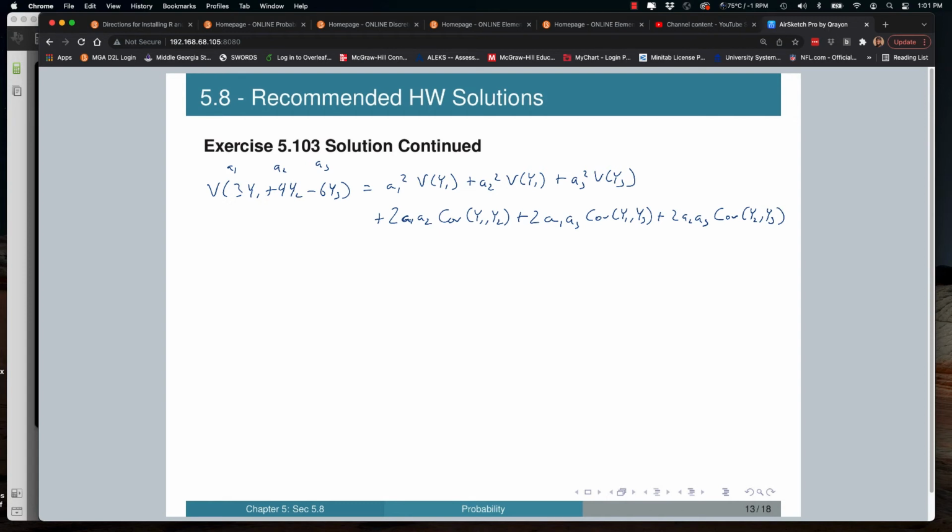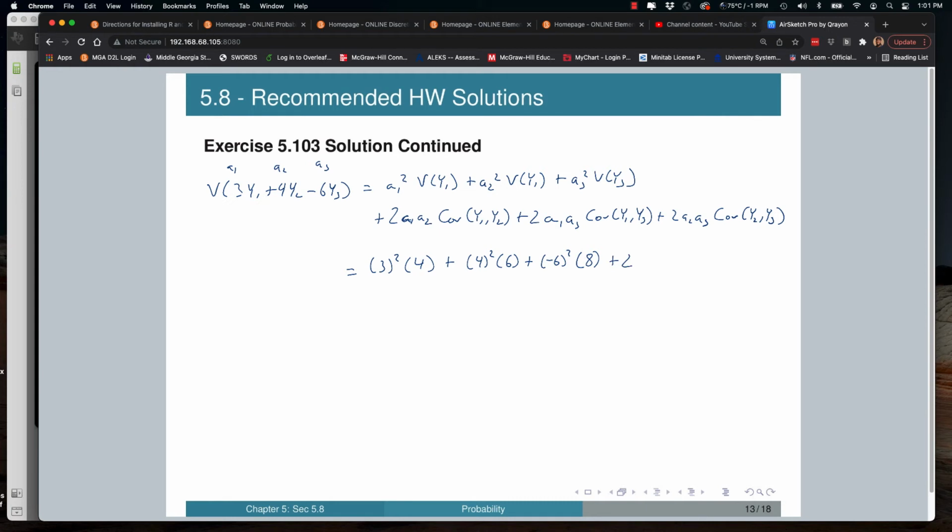All right. So we'll just clean that up a little bit. We get 3 squared times the variance of y sub 1, which from the previous page was 4, plus 4 squared times the variance of y sub 2, which was 6, plus negative 6 squared times the variance of y sub 3, which is 8, I believe. Yes, 8.